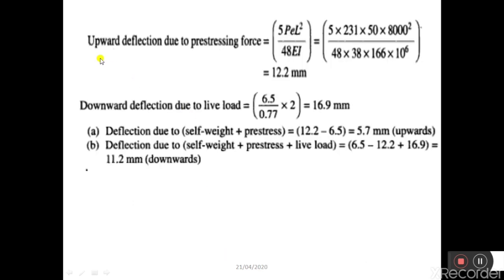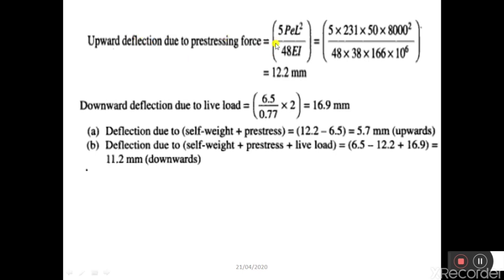Now I will calculate the deflection due to pre-stressing force. As I said earlier, the deflection due to pre-stressing force is always in upward direction because the stresses developed in the cable will be of compressive nature, hence it is considered as negative.